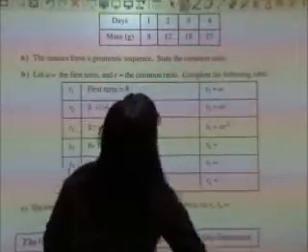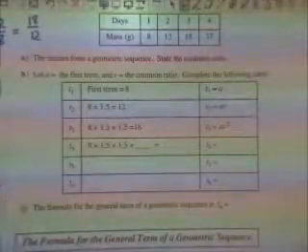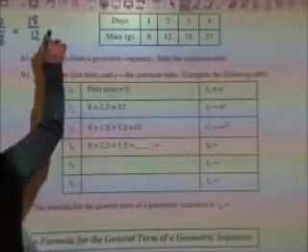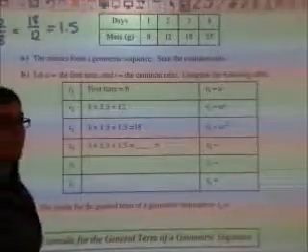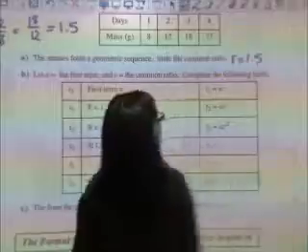These masses form a geometric sequence. To find the common ratio, I take any 2 terms and divide them. 12 divided by 8 is the same as 18 divided by 12, which is equal to 1.5. So my common ratio would be 1.5.